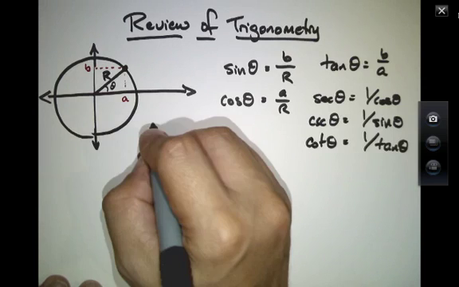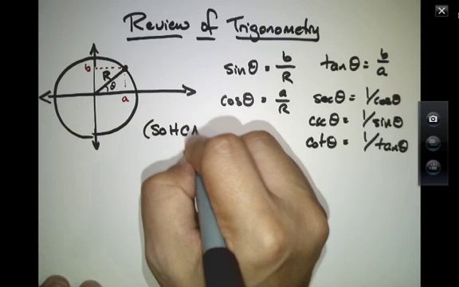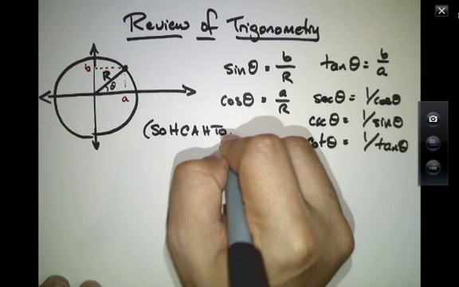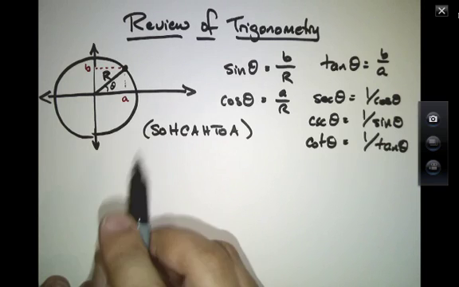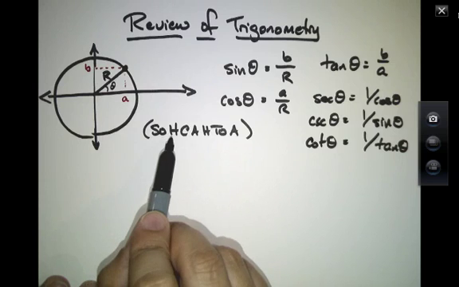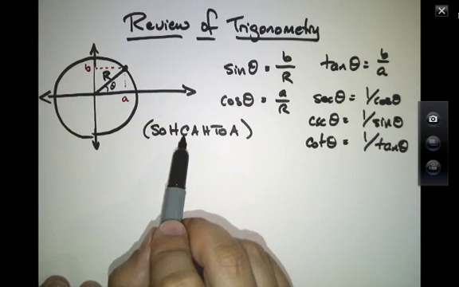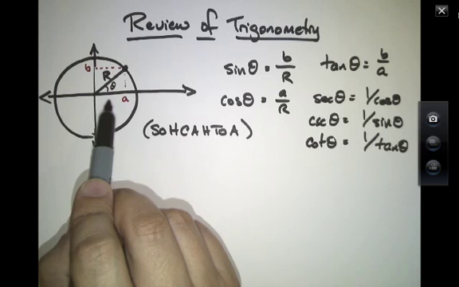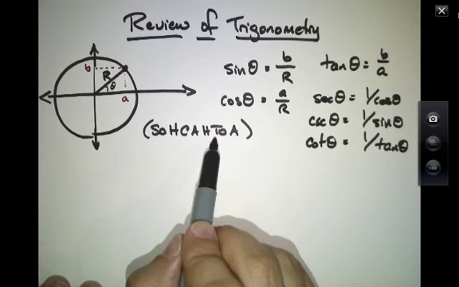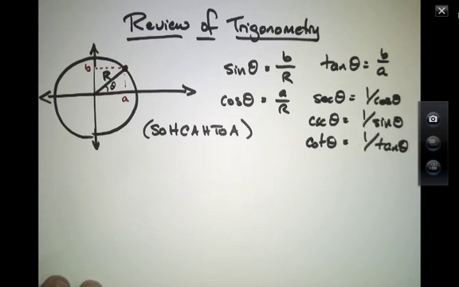But the important thing is to remember this acronym. Which I think I have right. So the sine is the opposite over this radius, which is sometimes called the hypotenuse. The cosine is defined as the adjacent side over that hypotenuse, and the tangent is defined as the opposite over the adjacent.